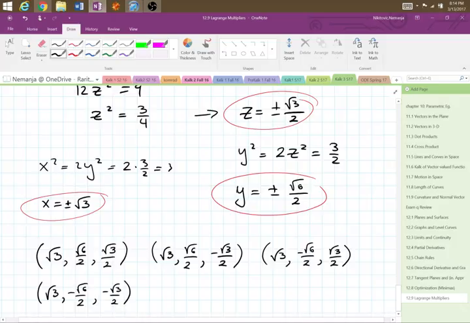So we have that one, that one, that one. We all good? And now another 4 with negative root 3, which is, you just copy what you have with negative root 3.